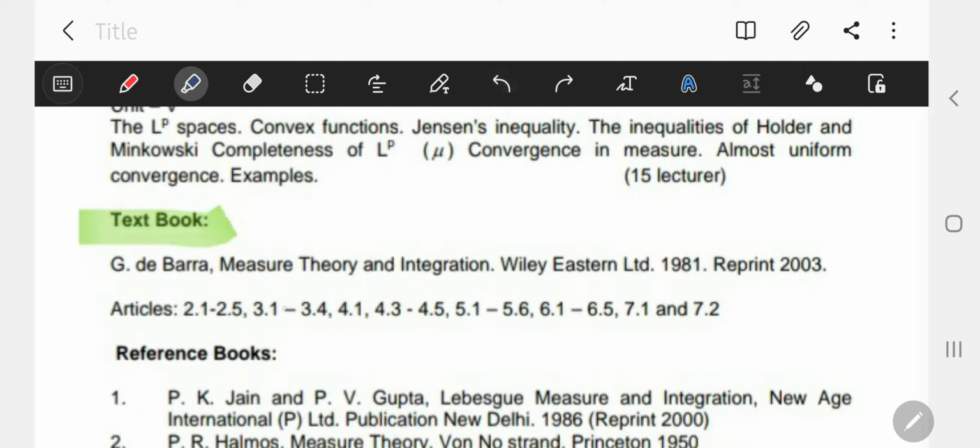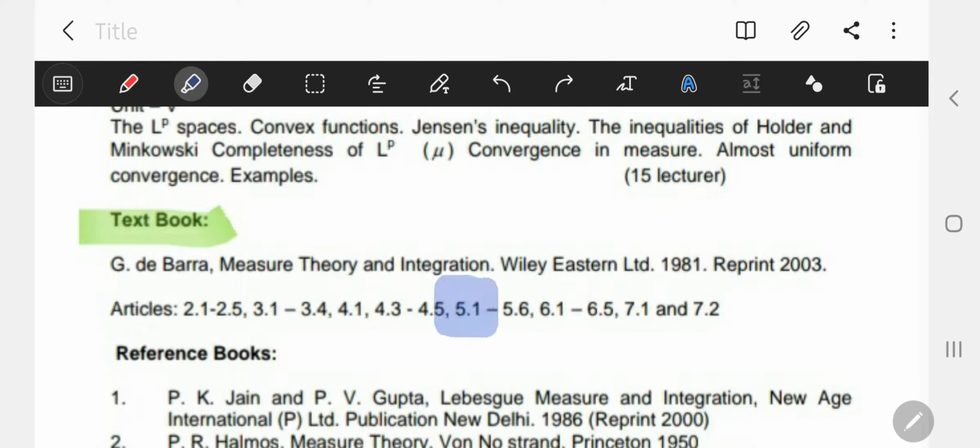Chapter third, that is Integration of Functions of a Real Variable, article number 3.1 to 3.4. In chapter 4, Differentiation, there are articles 4.1 and 4.3, 4.4 and 4.5.